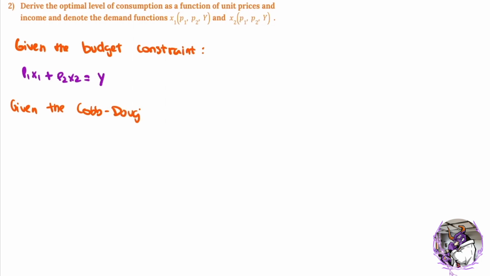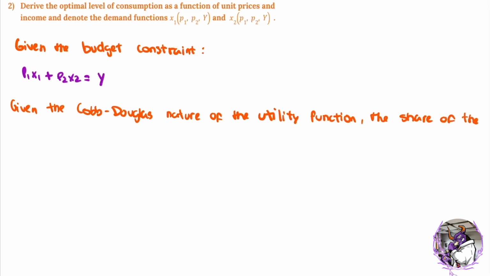Given the Cobb-Douglas nature of the utility function, the share of income spent on each good is fixed: x1 times p1 is equal to 0.3y, whereas x2 times p2 is equal to 0.7y.